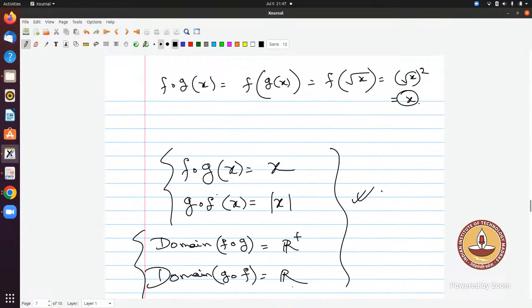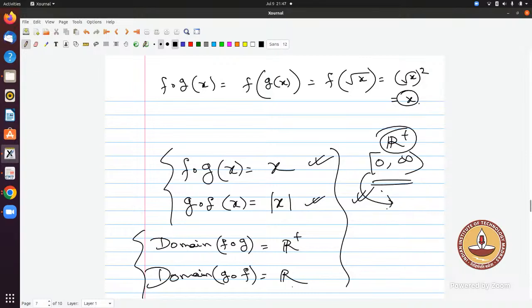Yeah, this example. f compose g was x, but g compose f is mod x. Now, why is this second part also x in this particular case? Because we are restricting our domain to 0 to infinity. So we are only dealing with the positive real numbers, R plus. So mod x and x are the same in this case, correct?